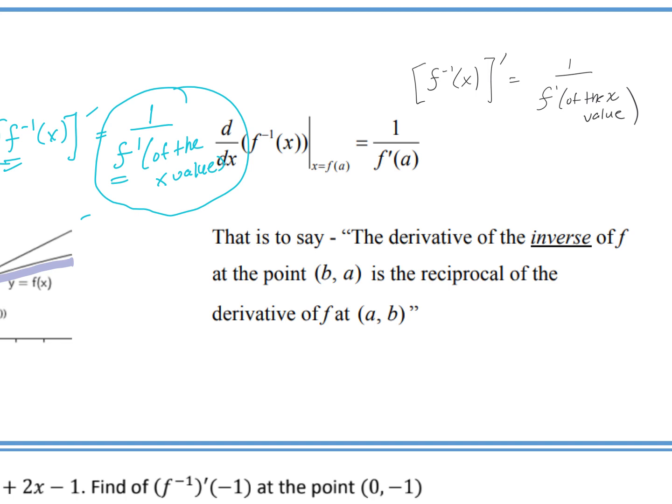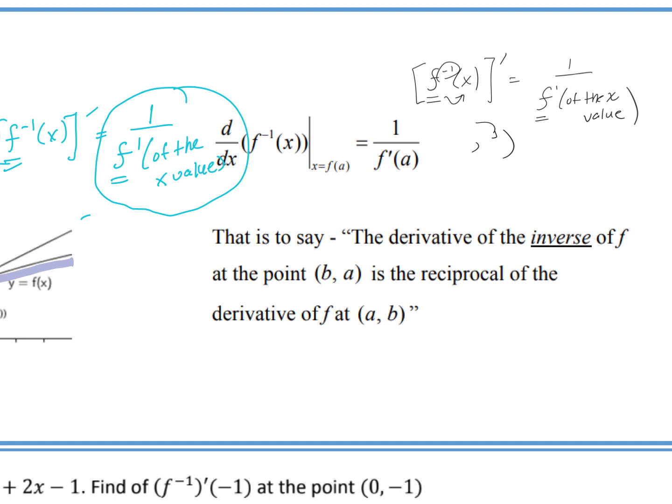That's the f function, and this is the inverse. So it's the x in the inverse, which becomes the y in the original function. That's what you're going to want to do.